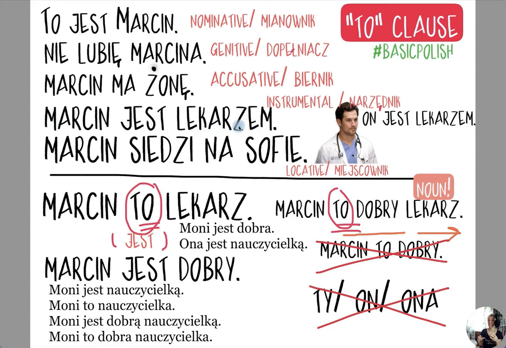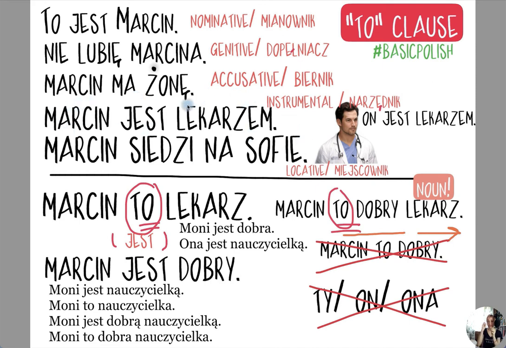Lekarzem because masculine nouns as well as neuter nouns in instrumental get an additional m. So Marcin jest lekarzem, right? So not Marcin jest lekarz. Marcin is a doctor, but Marcin jest lekarzem. Who is who?